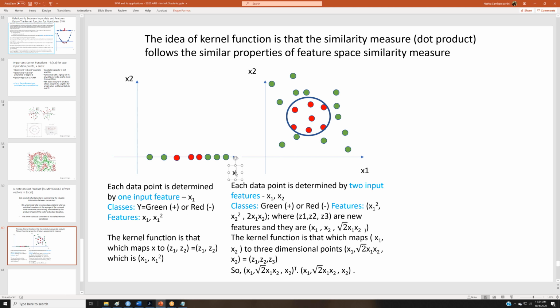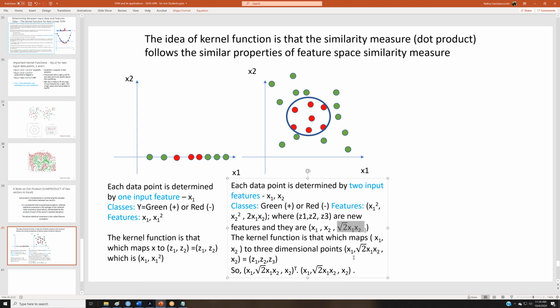This should be x1. This is the original data points in x1, x2. But I transformed that into 3-dimensional z1, z2, z3, where z1 refers to x1 square, z2 refers to x2 square, and z3 refers to square root of 2 times x1 x2.